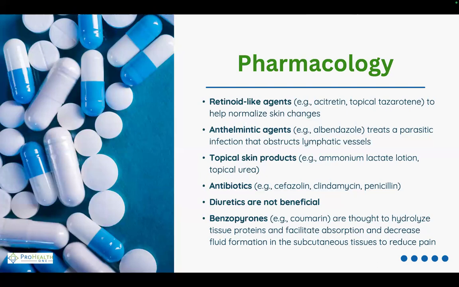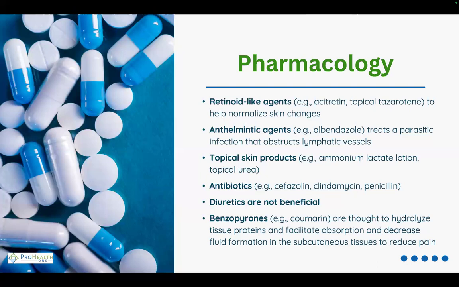Good skin care with well-picked topical skin agents is very important. Again, alluding back to what we talked about earlier, not using occlusive emollients and using things like ammonium lactate and topical urea. Antibiotics, when we run into problems with infection, are very helpful.